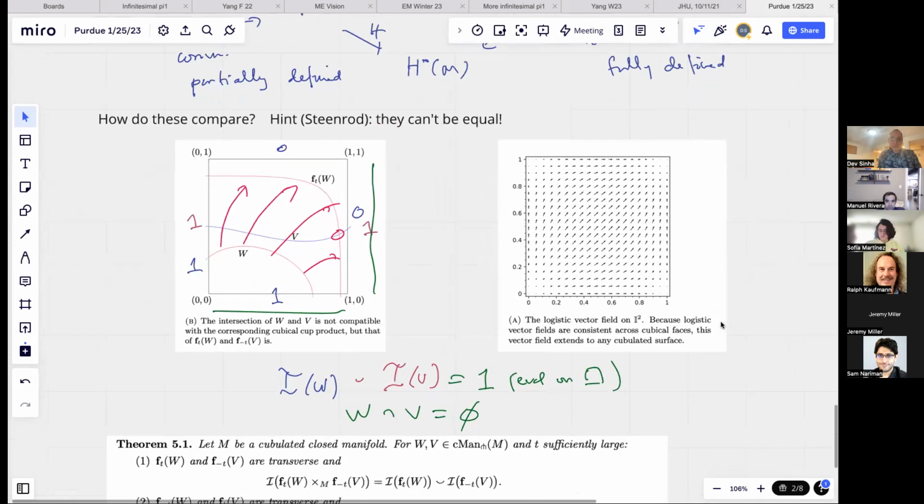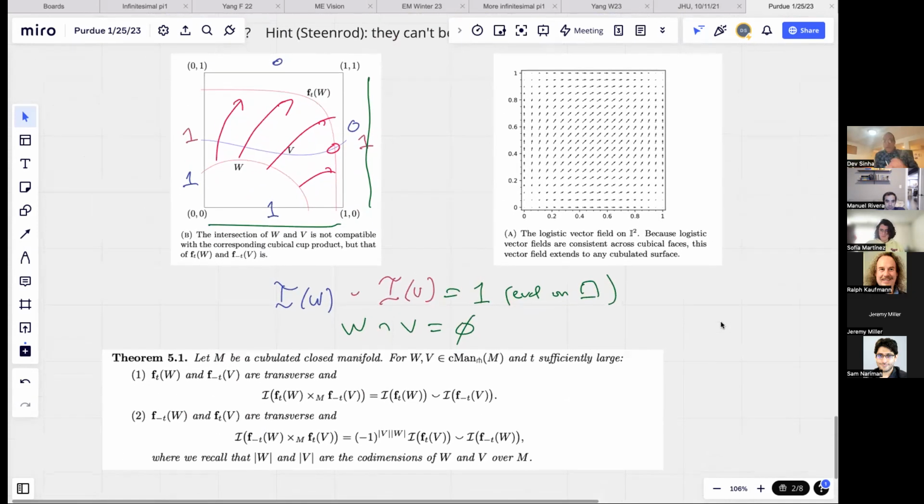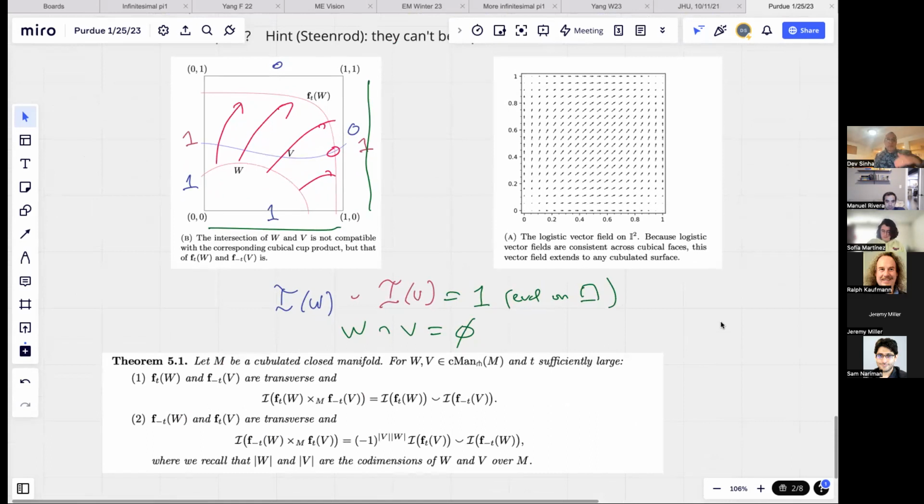So what we do, if you'd like to be symmetric, we'll flow W forward, that's this F_t of W, and we'll flow V backwards, and that's F_{-t} of V. And then after the flow, intersection looks like a homomorphism. Okay? So this is comparing them with the smooth topology, allowing a comparison.